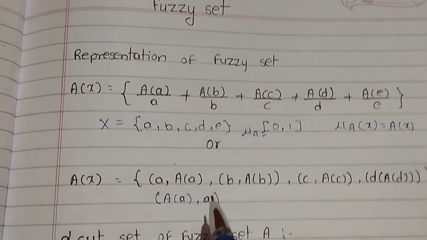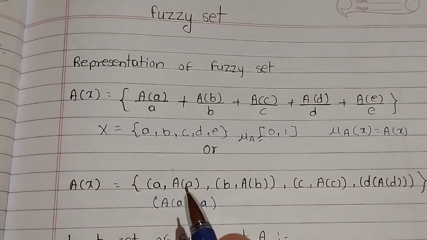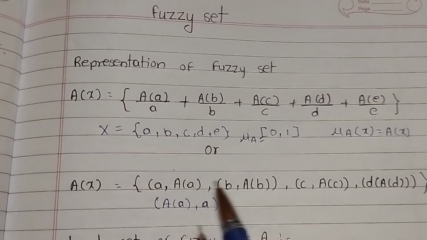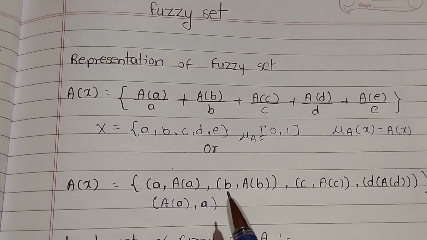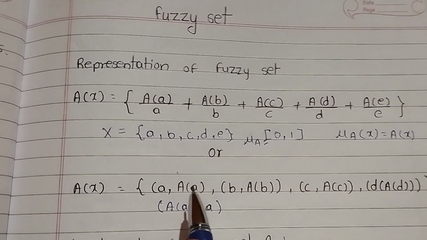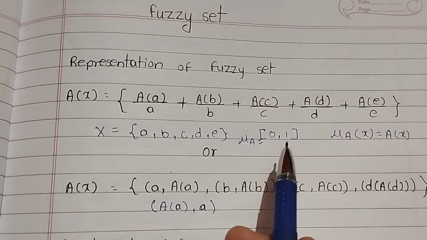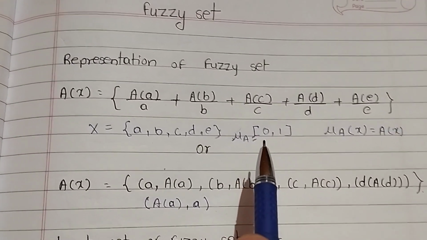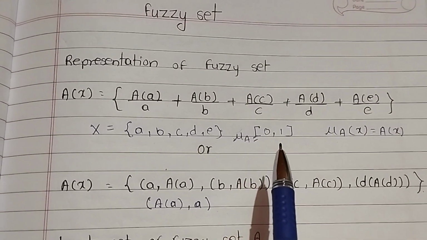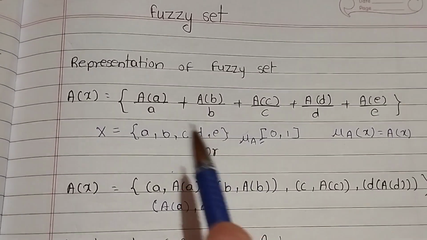So it doesn't matter which is in front, image or the value of x. The values which are between 0 to 1 are the image values, and the remaining are the values of the universal set.